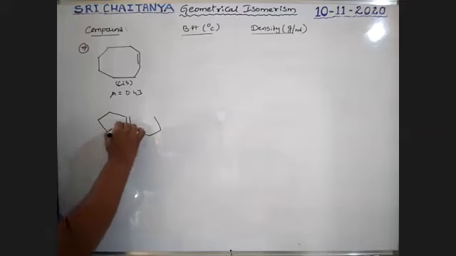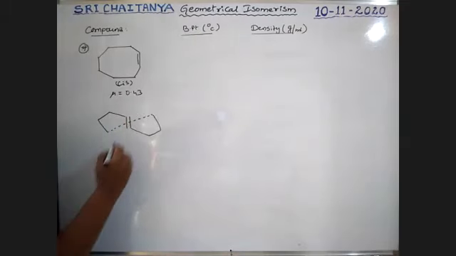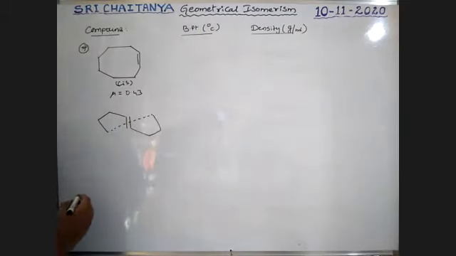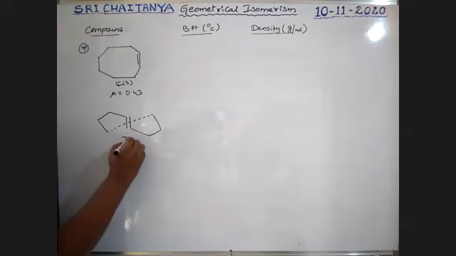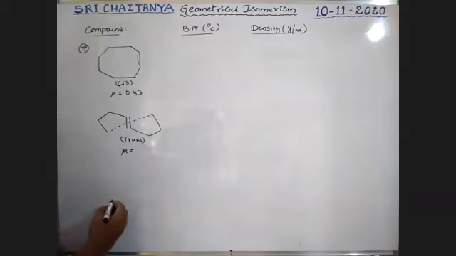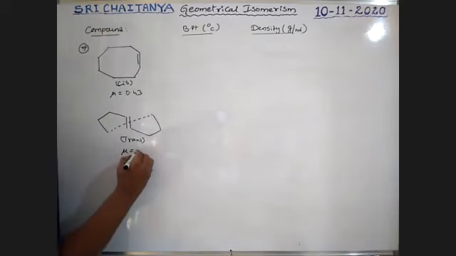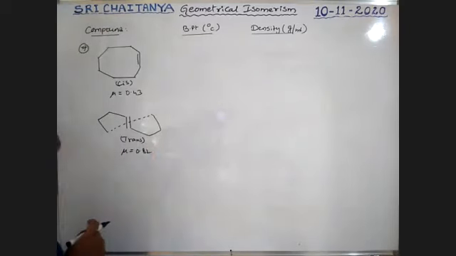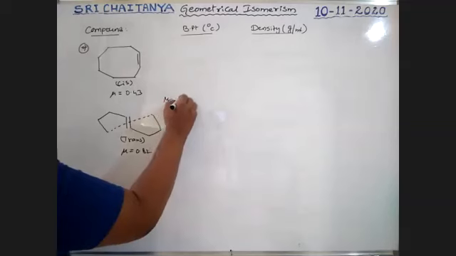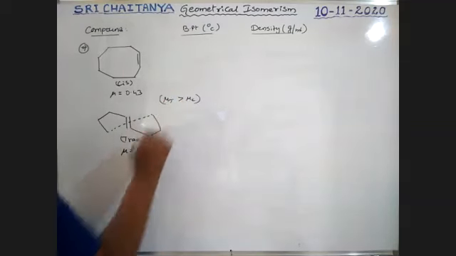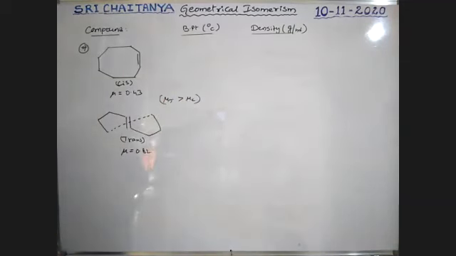Between these two, there is a bond. It is a trans condition, boys. So mu is equal to 0.82. So more polarity. Therefore here mu trans is greater than mu cis.